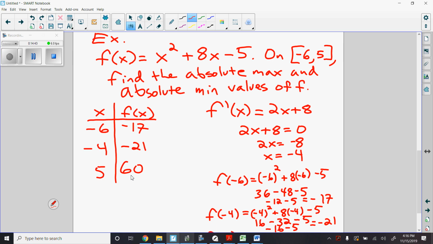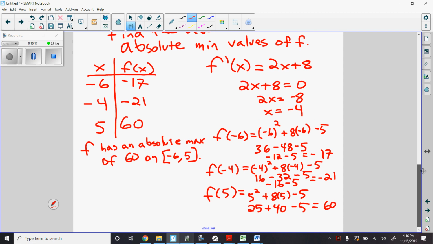Okay? So f has an absolute max of 60 on -6, 5.